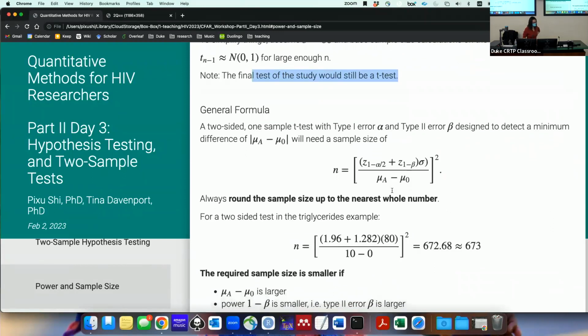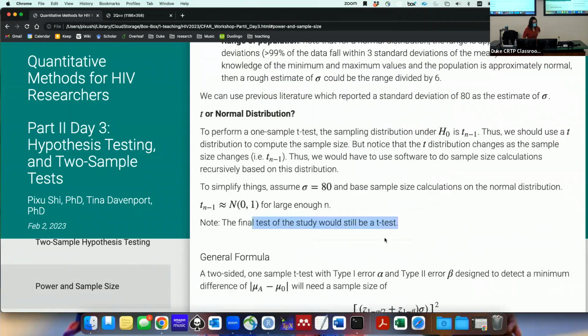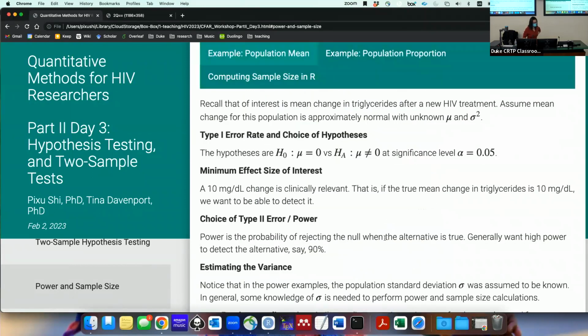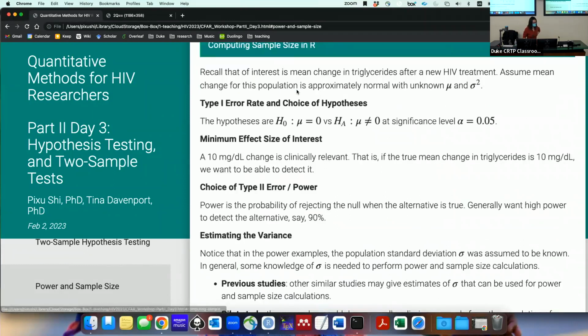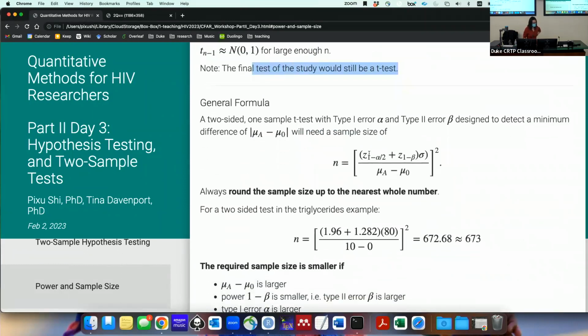The general formula, for example, for the population mean is this. The formula is also given to you to understand what are the factors that are going to affect your sample size. Again, you have the type 1 error, the type 2 error, the population variance, and the effect size.